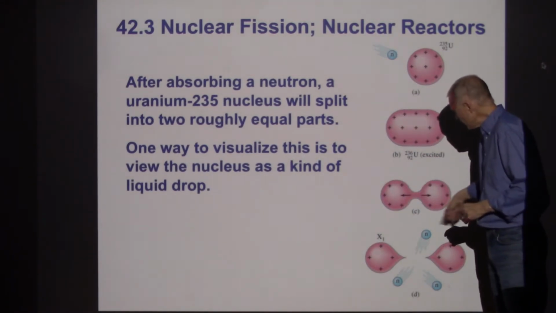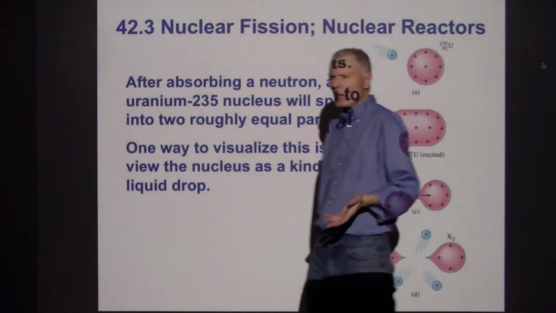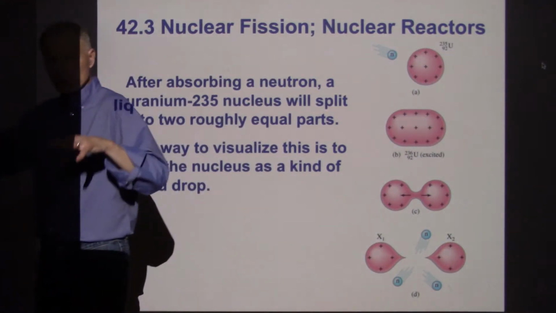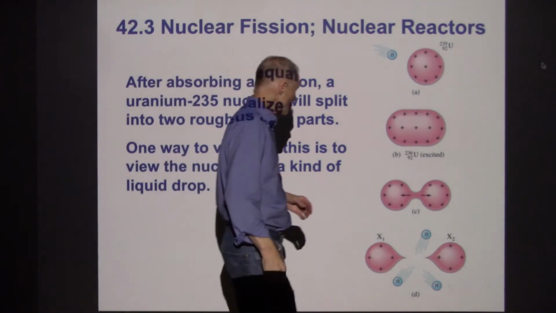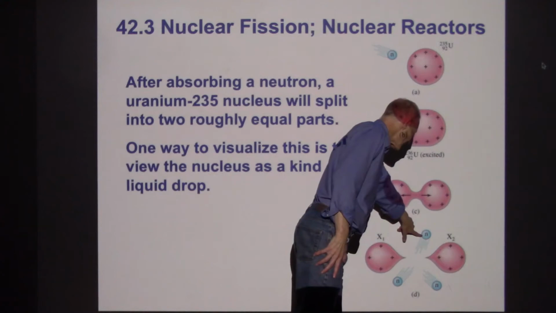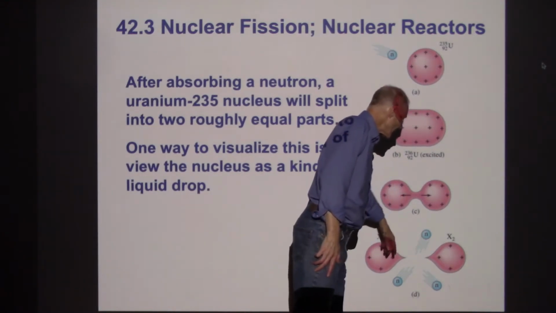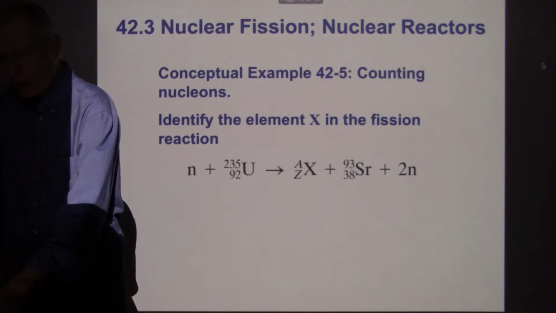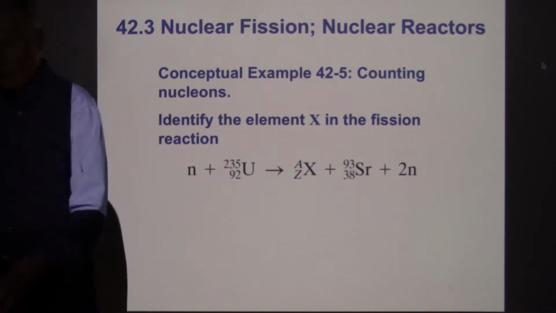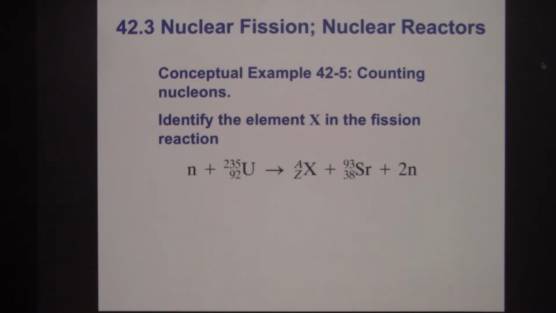And so it splits into not necessarily equal sizes, but sort of similar, two big pieces. And when that happens, those nuclei have more neutrons than can comfortably stay attached, and so we also produce free neutrons in the reaction. Now, what that means is there's going to be a lot of energy released in these reactions.